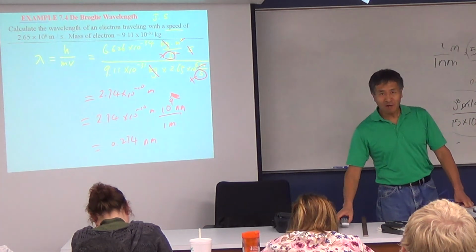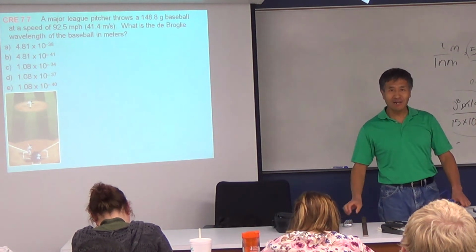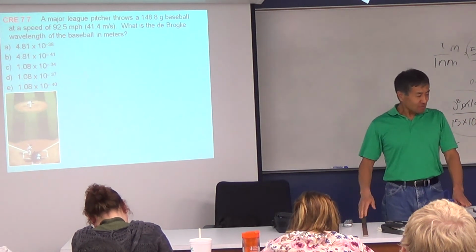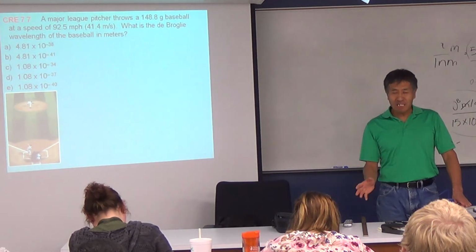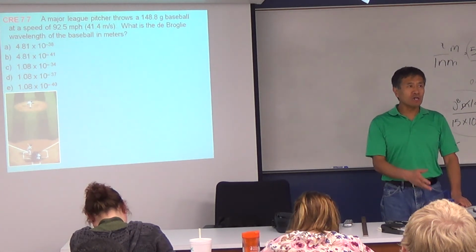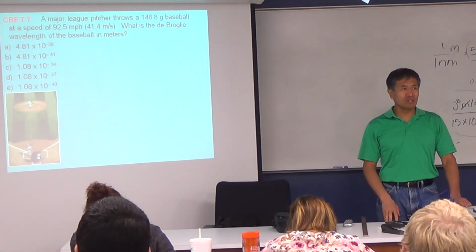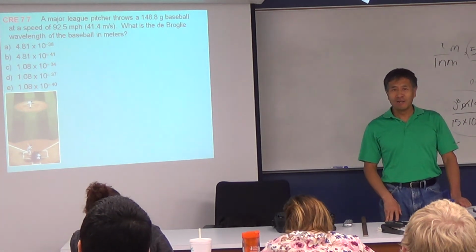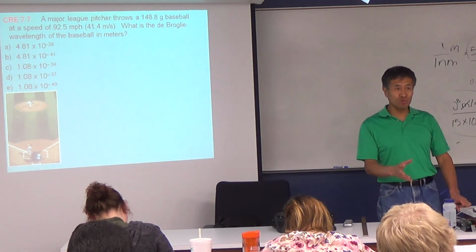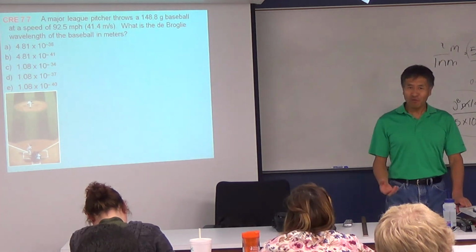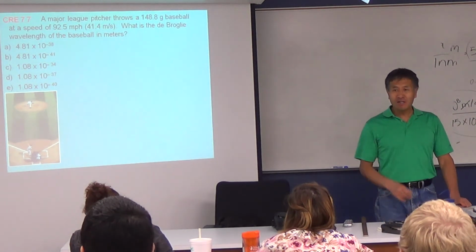But if you calculate the wavelength for objects like a baseball, you will see the wavelength is so small compared with the size of the object. It's very difficult to find a grating system to produce interference for the baseball. But you can still think of the baseball as also having a matter wave.